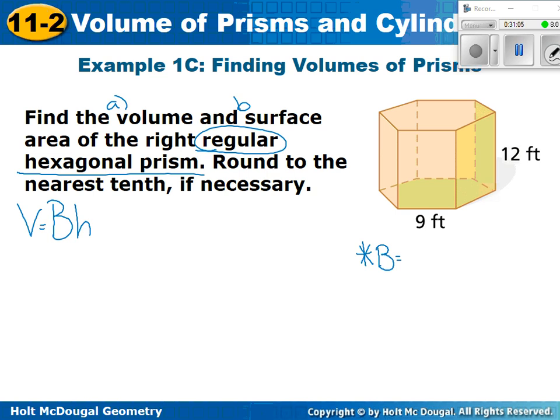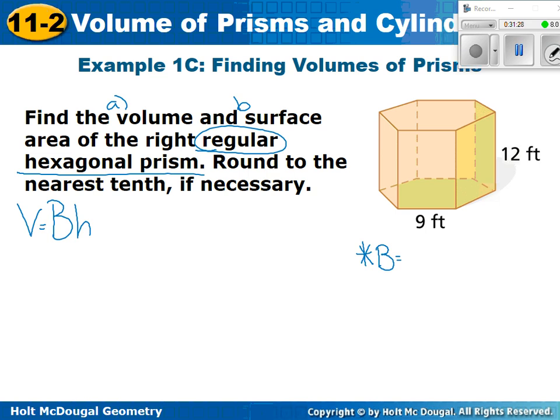Okay, S squared, square root of 3 over 4 found the area of one equilateral triangle, and then times 6, because a hexagon is made up of 6 equilateral triangles. So raise your hand if you would prefer to use the shortcut, 6 equilateral triangles. Hands down, raise your hand if you would rather do 1/2 apothem times perimeter. Okay, guys, I'm going to do the 6 equilateral triangles for this one.